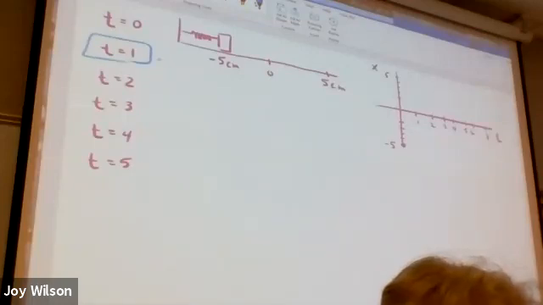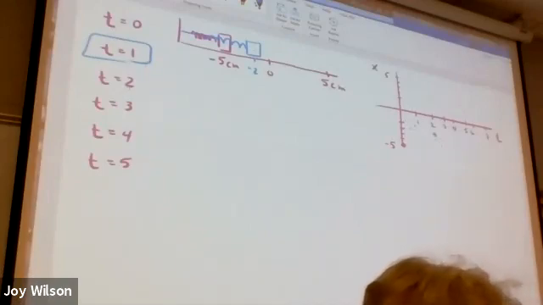Let's do this. Well, this piece is going to have spread out a little bit, right? So let's make that at -2. So now we're at 2 seconds, -2 meters. And then maybe at 2 seconds, let's see, make another graph here.